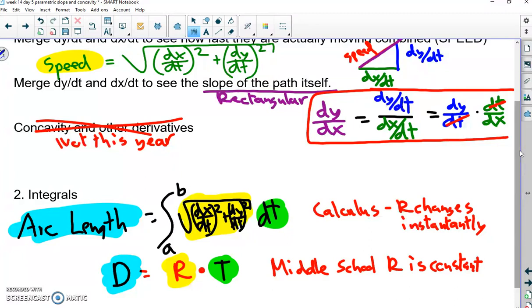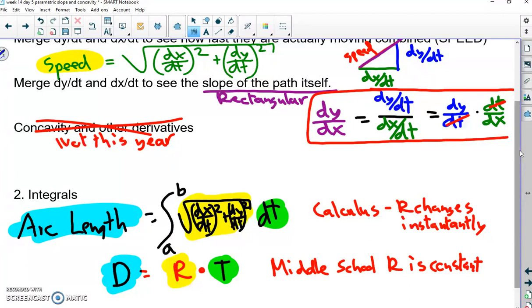And this is the whole reason we take calculus. In middle school, what's constant? Which color up there is constant? R. You're going 60 miles an hour for 2 hours, and then you go 60 times 2 is 120. That's that D equals RT. But the whole thing in calculus is I'm not going 60 miles an hour for 2 hours on cruise control.